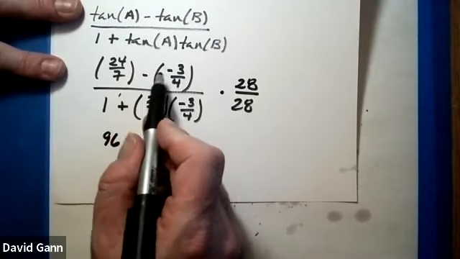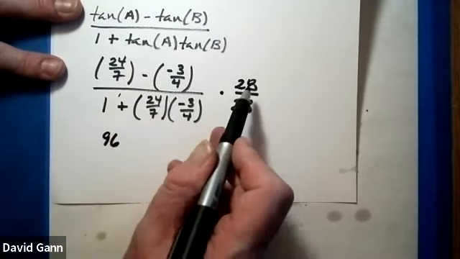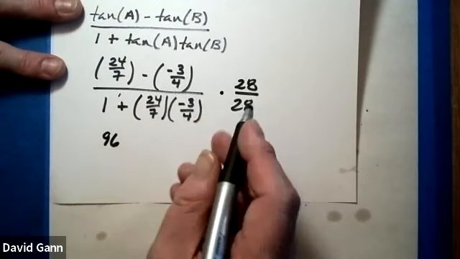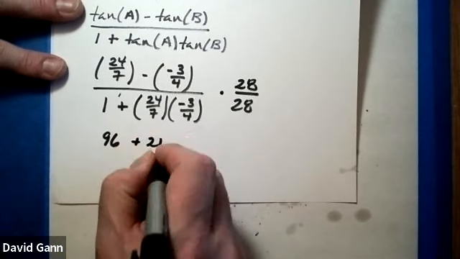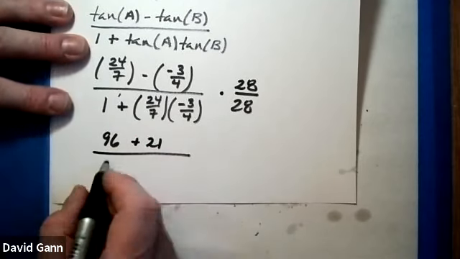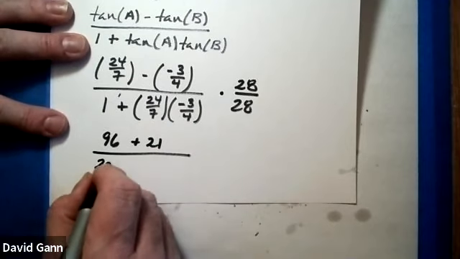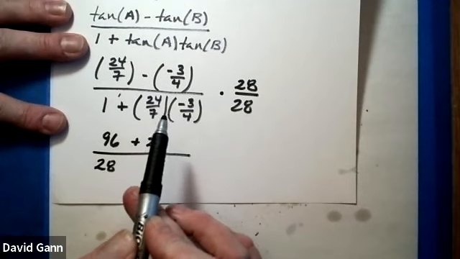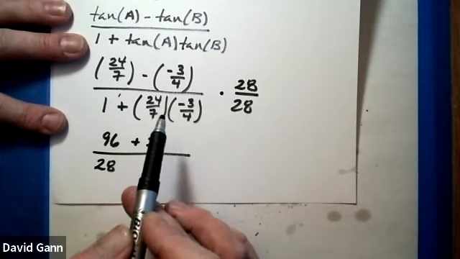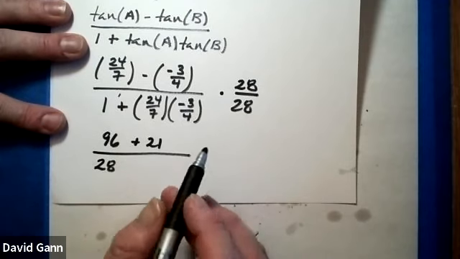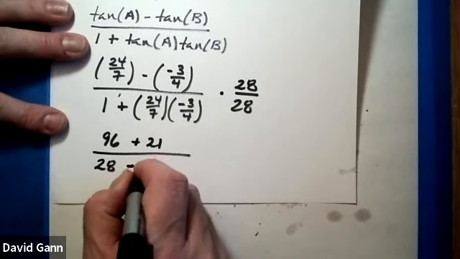This is a negative of negative, so that's a positive. 28 times 3/4 is 7 times 3, so this is plus 21. In the denominator, 1 times 28 is just 28. And this 28 will kill off both of these denominators, and you're just left with 24 times -3, which happens to be -72.